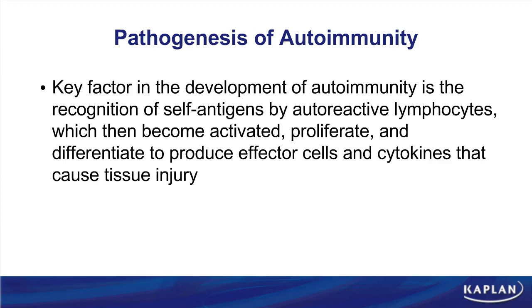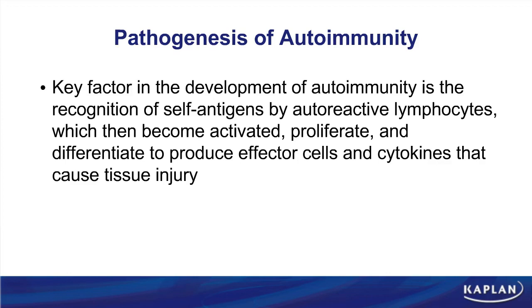Now, autoimmunity is extremely complicated. There's not one major factor that we can say is the sole factor in causing autoimmune disease, okay? However, the one thing we do know that's common among all autoimmune diseases is that there's an issue with the immune system not being able to differentiate self from non-self, right?